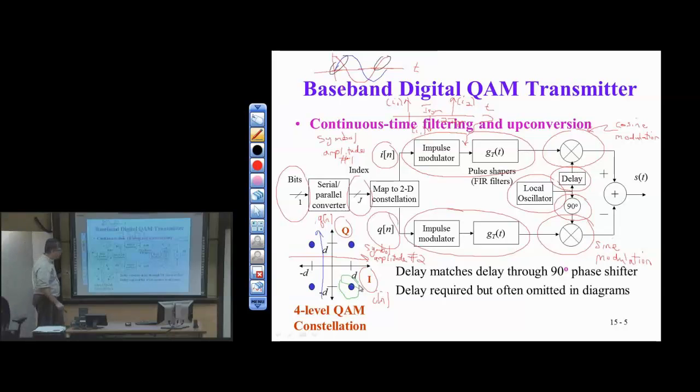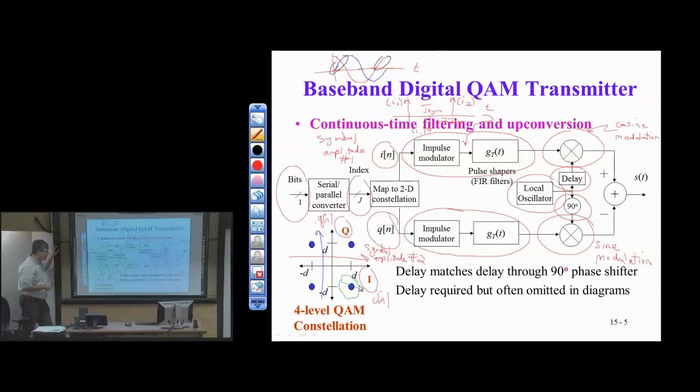So I can write this mathematically, if I want to combine I and Q, I can think back to the Fourier transform: in the Fourier domain, the in-phase upconverted signal was real valued, and the upconverted quadrature signal was imaginary valued. And if I add or subtract them, they don't interfere with each other. They're 90 degrees out of phase.